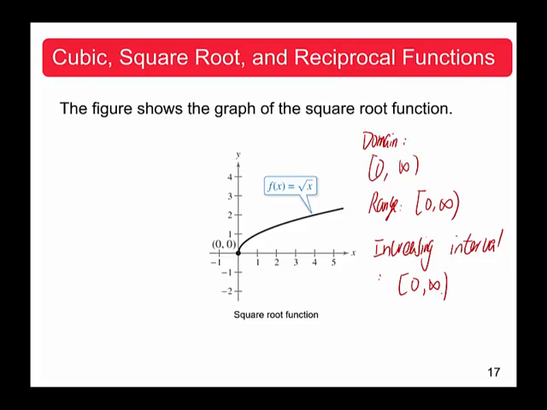It also has an intercept at 0, 0, both the x and y intercept at 0, 0. And that's pretty much it about this square root function.